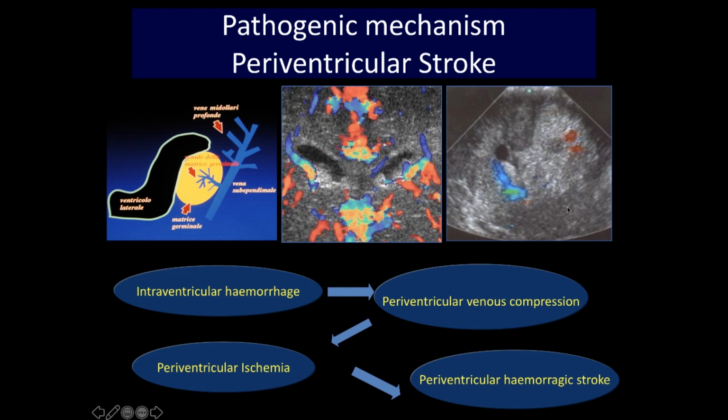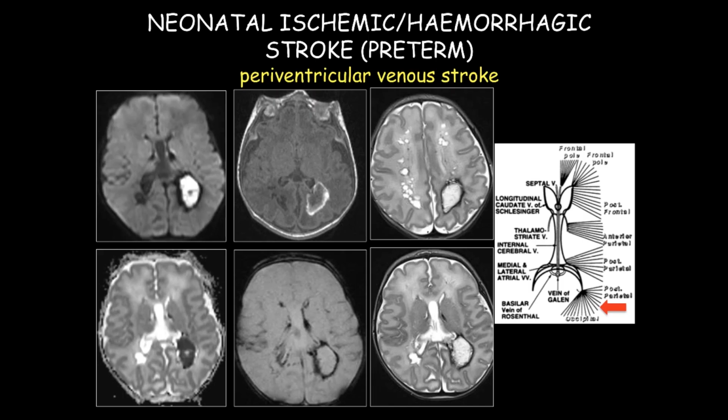This is very anterior, this is frontal, while in this case we can see that there is a periventricular venous stroke posteriorly, in particular in the left occipital territory. And this is very important because in this kind of stroke, the suffering and the bleeding is close to the venous area of drainage and is not related to an arterial blood supply.